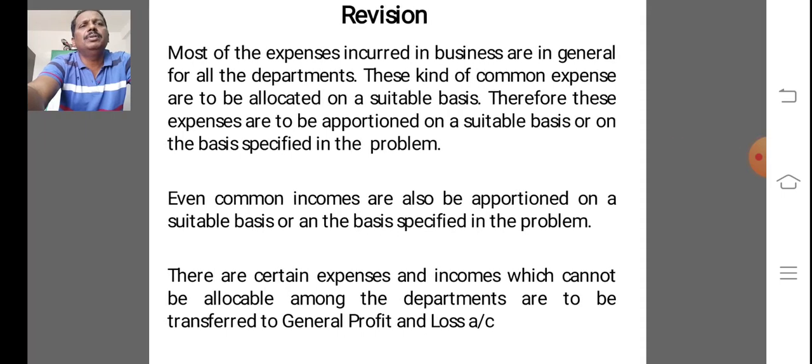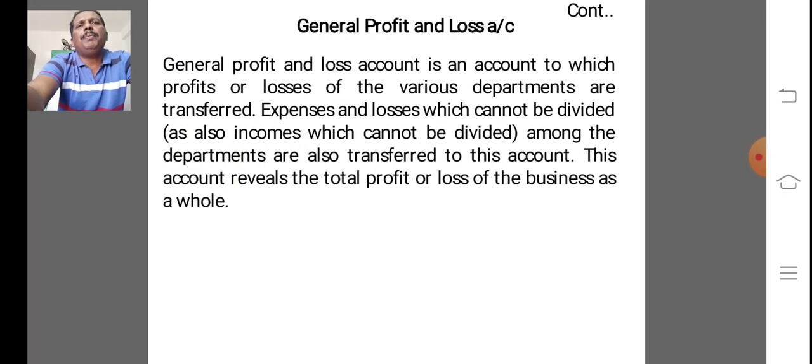And last step, preparation of consolidated balance sheet. The last step in the preparation of departmental final accounts is the preparation of consolidated balance sheet. The following details are required: assets of the undertaking, liabilities of the undertaking, and capital. The assets of the undertaking would be available in the accounting records. However, while showing the assets in the balance sheet, it would be advisable to show department-wise breakup if available.